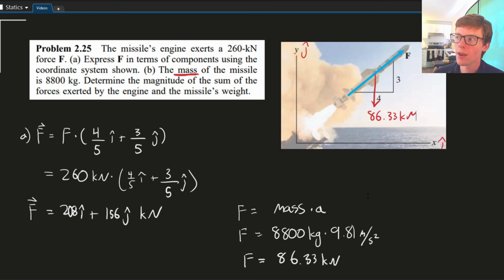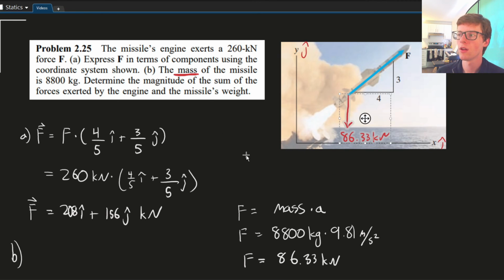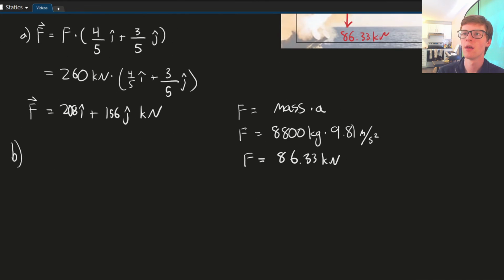So our next part is going to be to sum these two force vectors together. So that's going to be part B. If I put them tail to tail, I'm going to get a vector that ends up being probably something like this. So looking at our force vector, and I'm actually going to rename this W for weight, just to make it a little clearer.